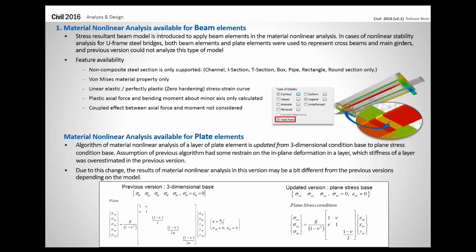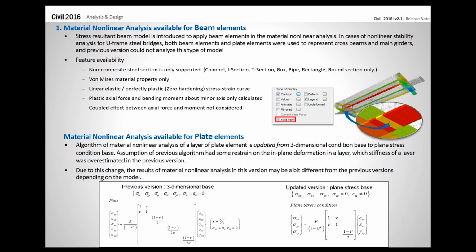First of all, Material Nonlinear Analysis is now available for beam elements in the form of the stress resultant beam model. For example, in the case of a U-frame steel bridge from the United Kingdom, both geometry nonlinear and material nonlinear analysis need to be performed for bottom frame beam elements.